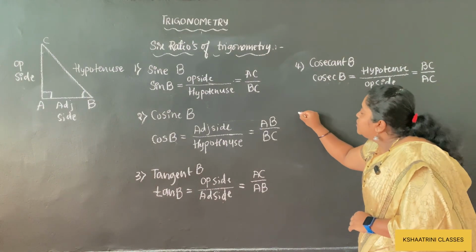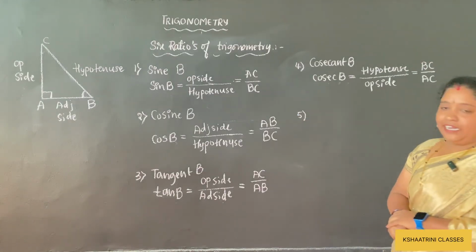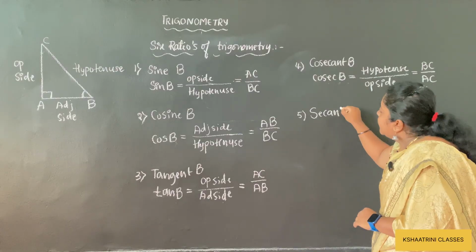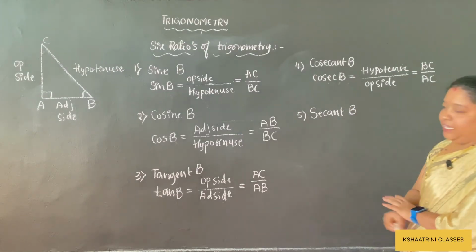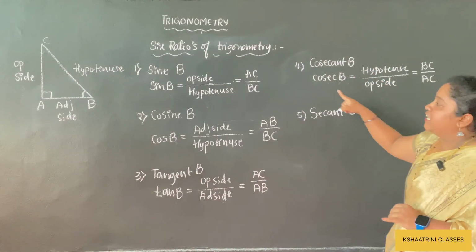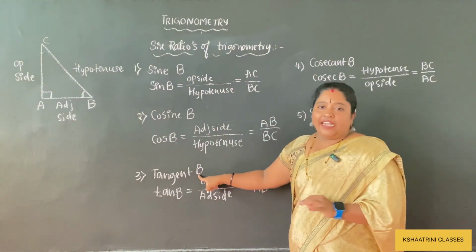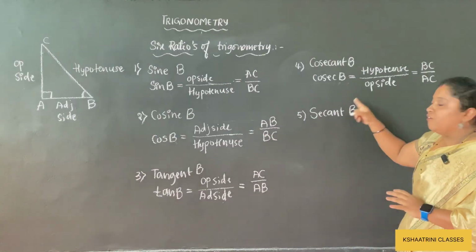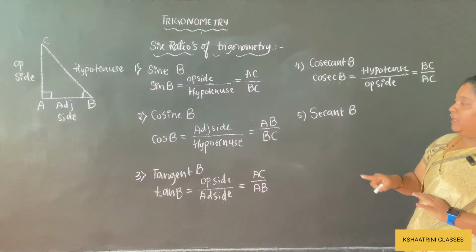The fifth trigonometric ratio that we are going to talk about is secant of angle B. Why am I using B here? Because we are writing the trigonometric ratios with respect to angle B, so we have to represent the angle.